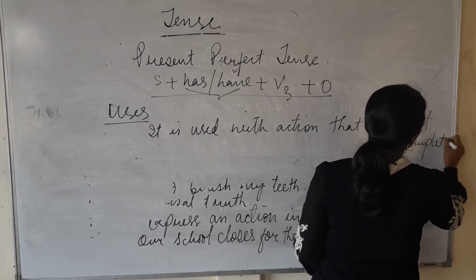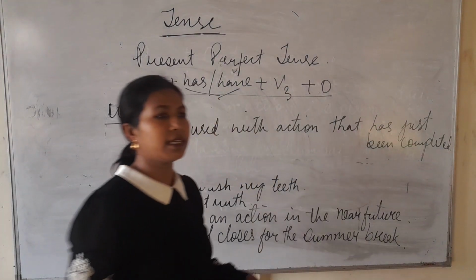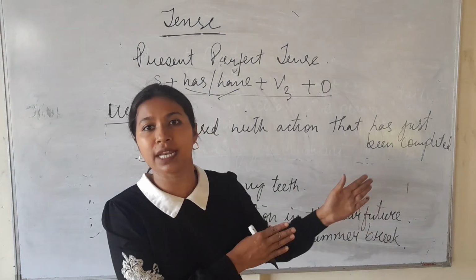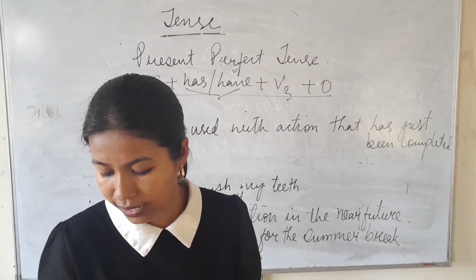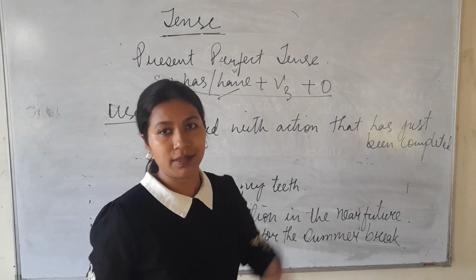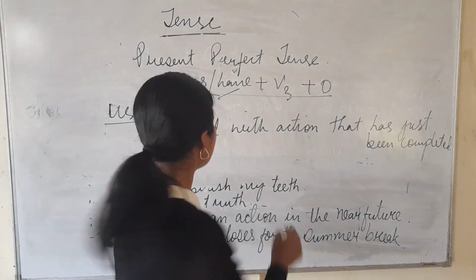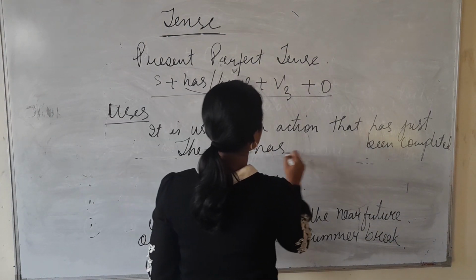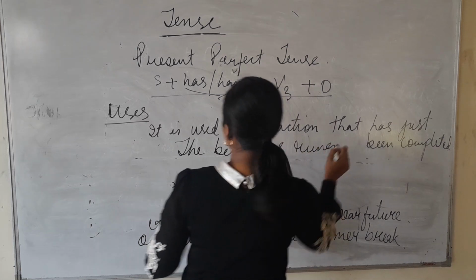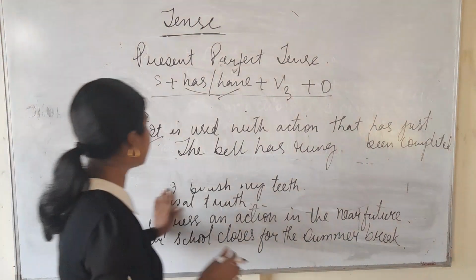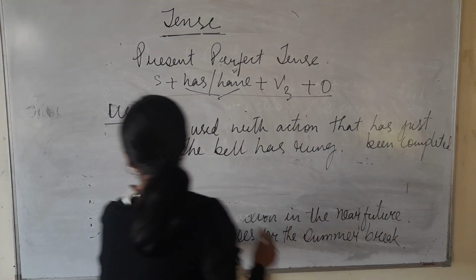Just now, a while ago, when you complete an action that is still in the present time, you can say present perfect. In the present time, you have perfected an action just a while ago. For example, we can say the bell has rung. Just 2 minutes ago, the bell rang, so you can express that the bell has rung. So the first thing you have to know about present perfect tense is, it is used with an action that has just been completed.